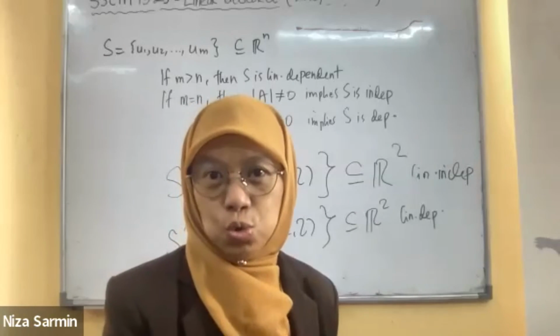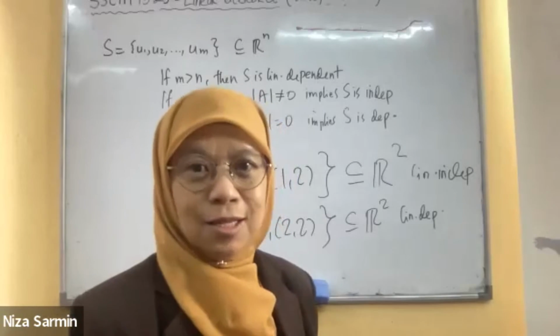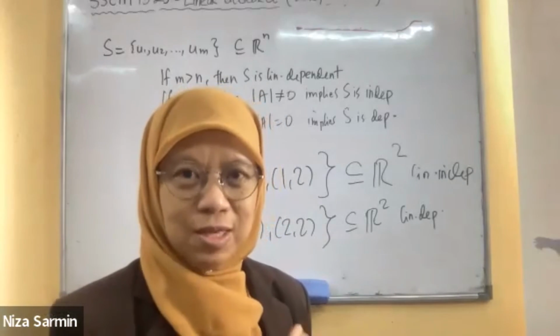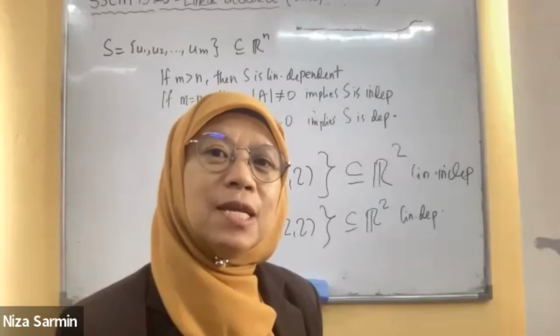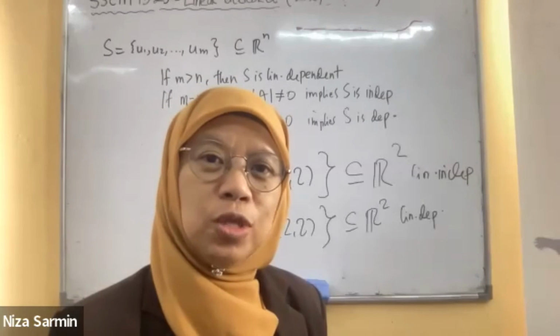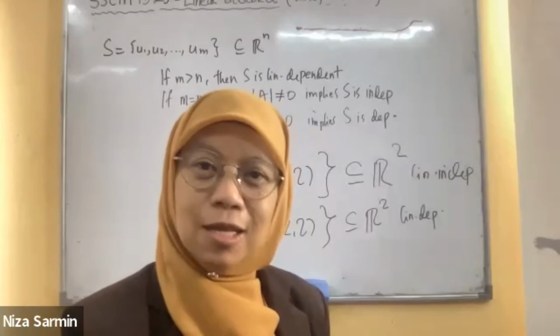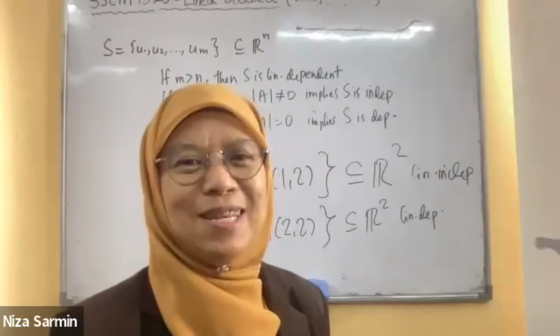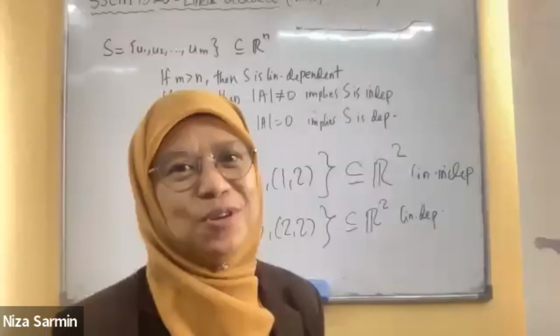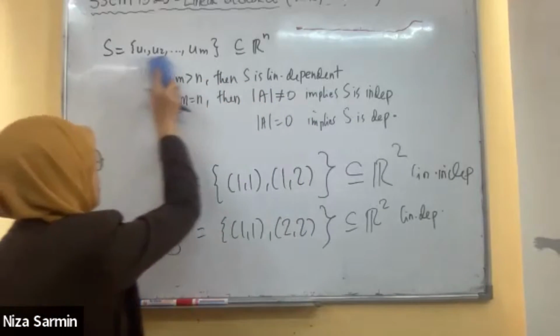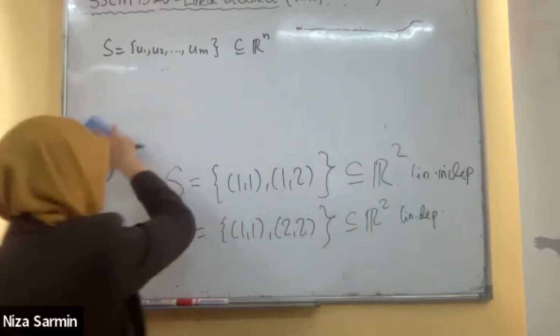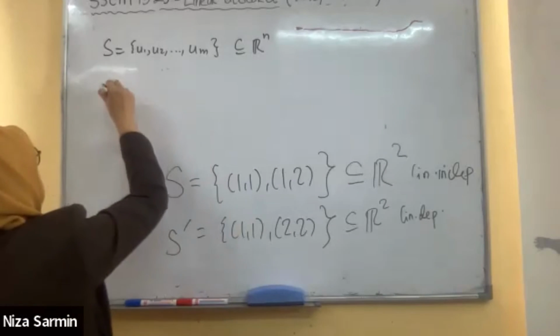Because from these two, then we go to the last part of this section, which is a basis. And to show something is a basis, you have to show that it spans and it is linearly independent. That's why we need these two. So I will give you the last part of this definition.